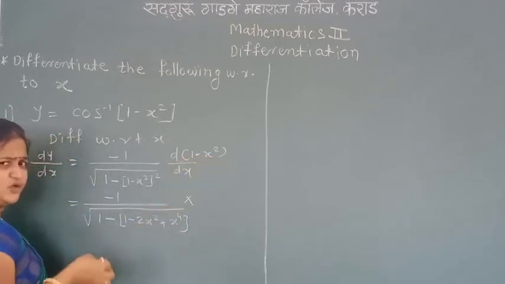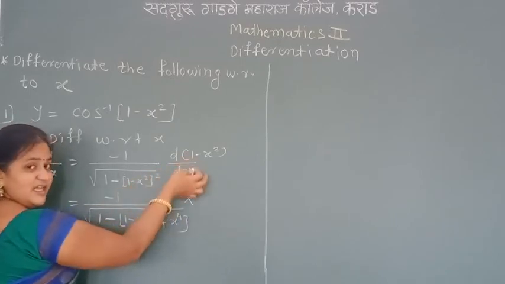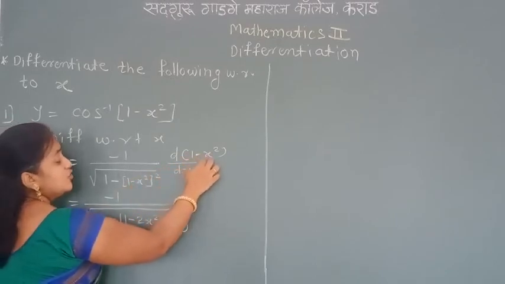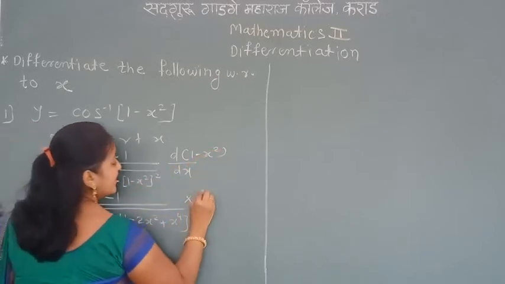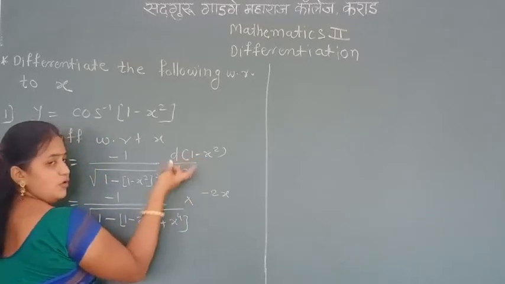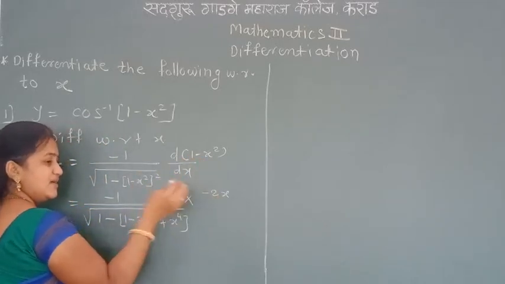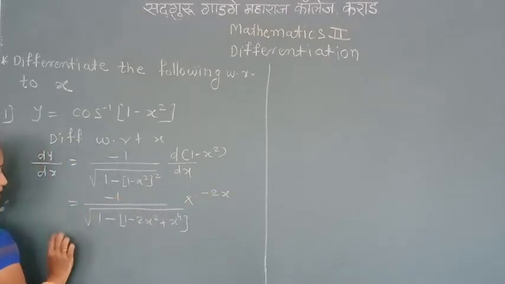So we differentiate u minus differentiate v. 1 is a constant, so its derivative is 0, minus 2x, since the derivative of x square is 2x. So we get minus 2x, because 0 minus something gives the same term. So minus 2x. Now minus minus becomes plus.